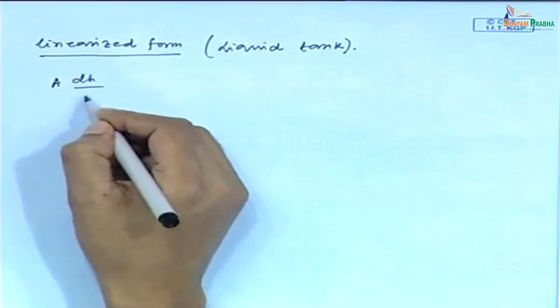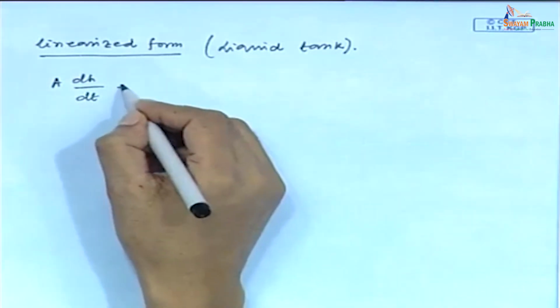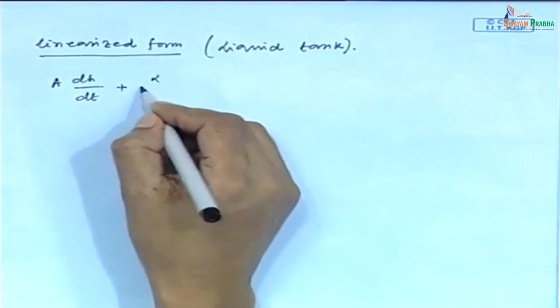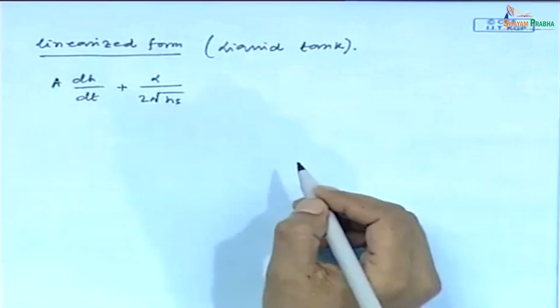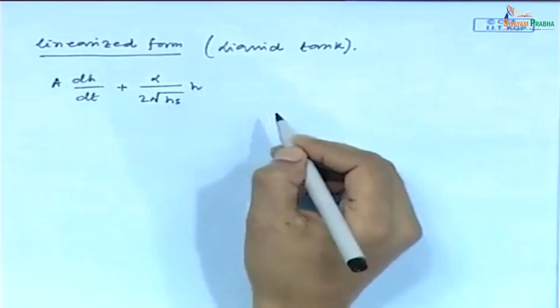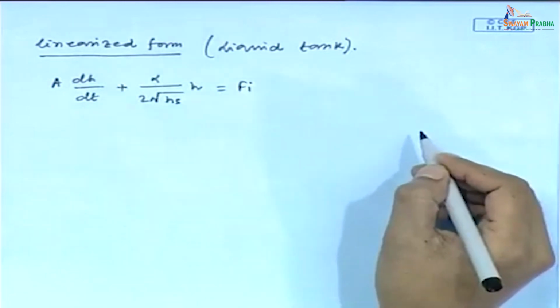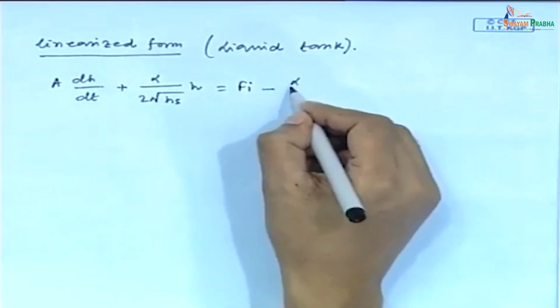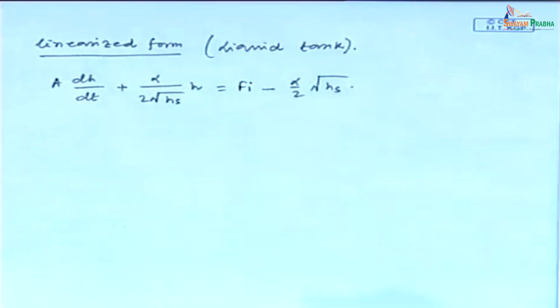So the linearized form is a dh dt plus alpha divided by 2 root hs multiplied by h equals fi minus alpha by 2 root over of hs.